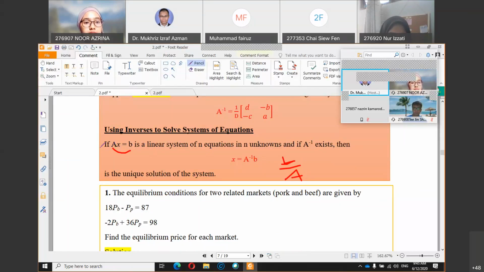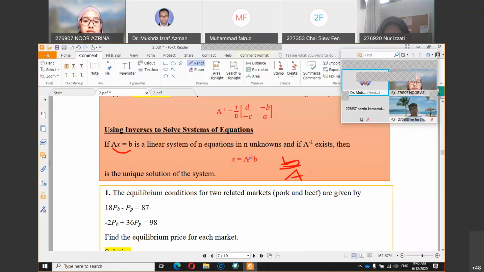Because this is A multiplied by X. So if you bring A to the right, it's B divided by A. When you learned the exponential formula topic before, if you want to bring A on the top, you put A to the power of -1. A to the power of -1 means 1 over A.